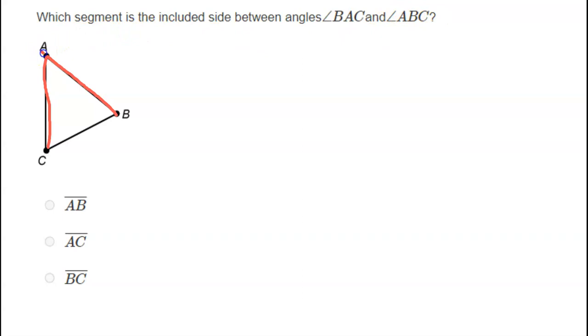So here's ABC, and hopefully that wasn't too hard to see. I should have changed my color, but you notice that I had two lines here. That's the side that's included.